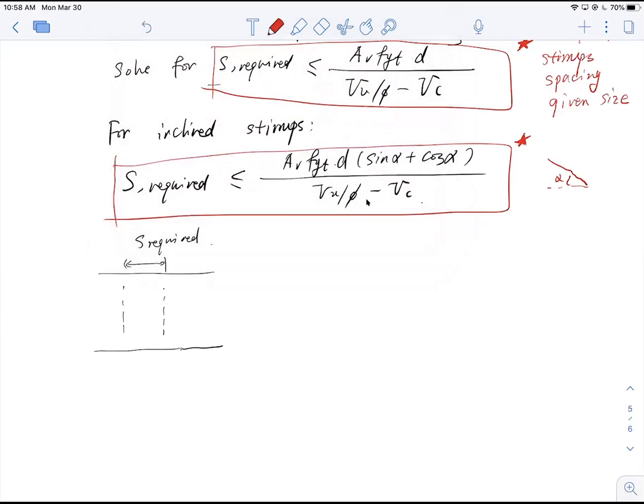Assuming my diagonal crack is going to go this way, and it has a 45-degree angle.